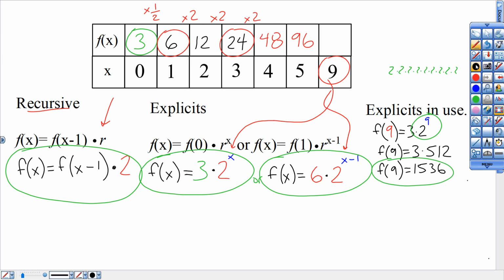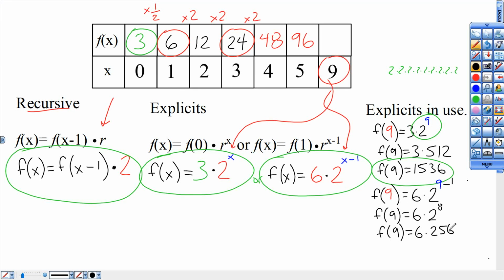Another way I could do it is use the first one instead. So here I go. I could use the first one instead, plugging in that same 9 right here. 6 times 2, put 9 right here to the minus 1 power. That gives me the 9th term is that 6 times 2 to the 8th. 2 to the 8th is 256, which gives me the 9th term is 6 times 256.